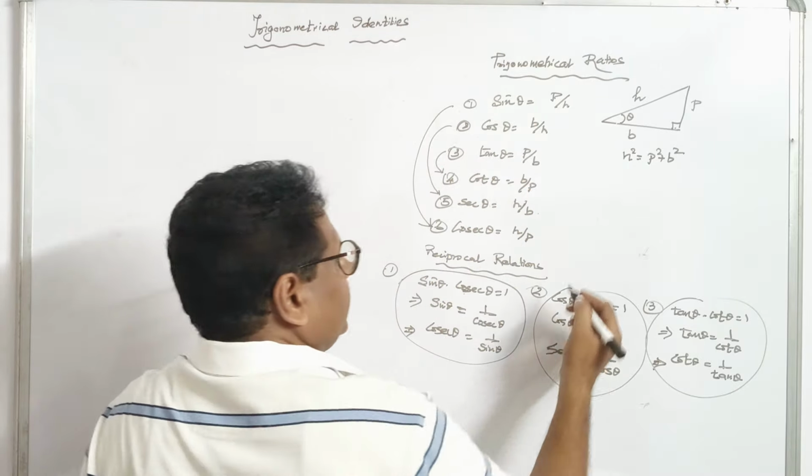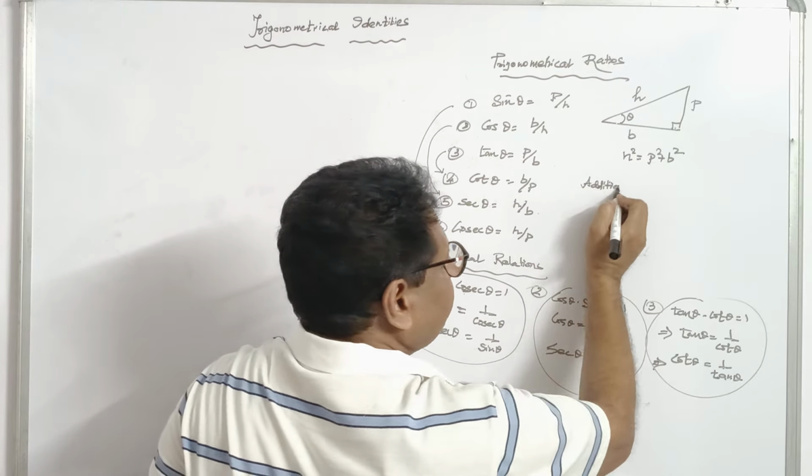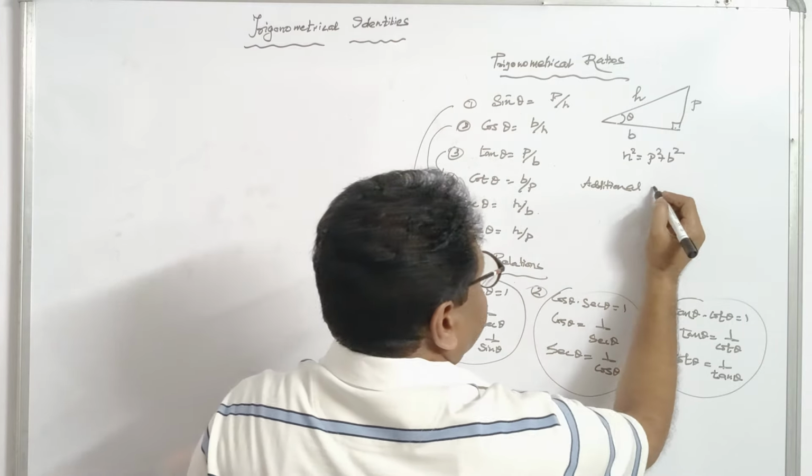Then we have two additional formulas which are very useful when you are doing identities.